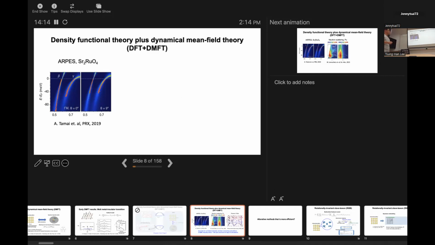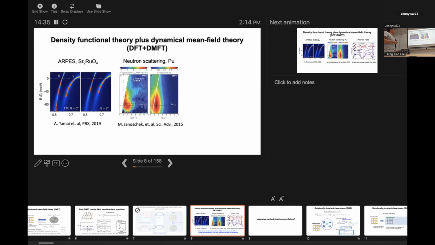And we can see that the agreement between DFT plus DMFT and the experiment is quite good. So it is quite successful if we want to study the electronic structure for this interesting correlated material with superconductivity.